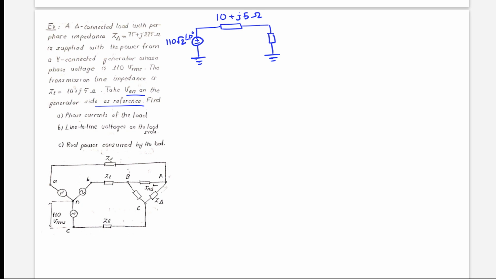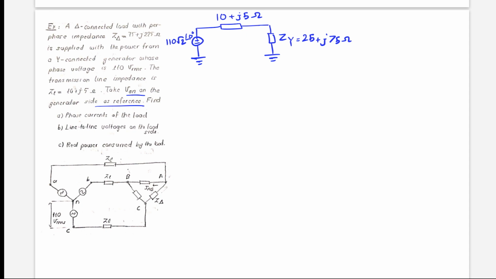But please remember that if you want to use the per phase circuit, you need to convert it to the ZY. So Z delta over 3 will be ZY. So ZY, the equivalent one, if you divide it by 3, will be 25 plus J75 ohms.